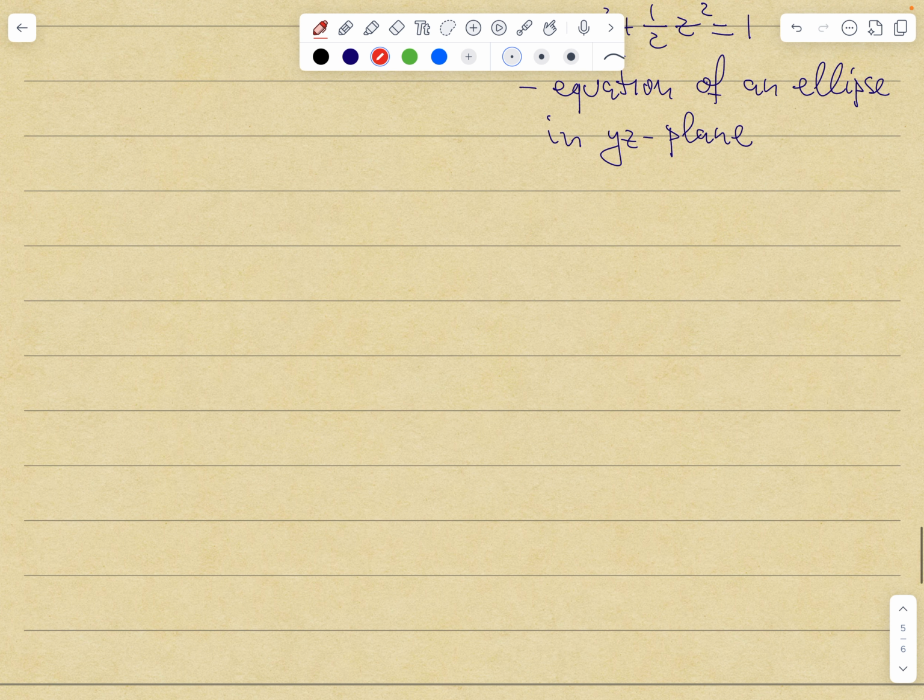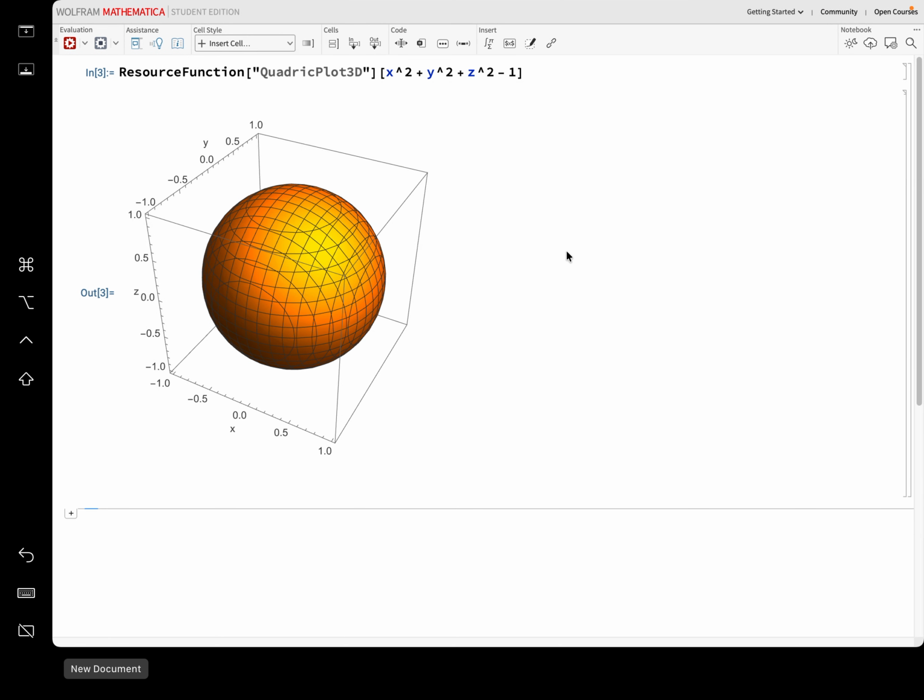Another example. Actually, before I do another example, let's see if we can actually sketch that surface that I just described.